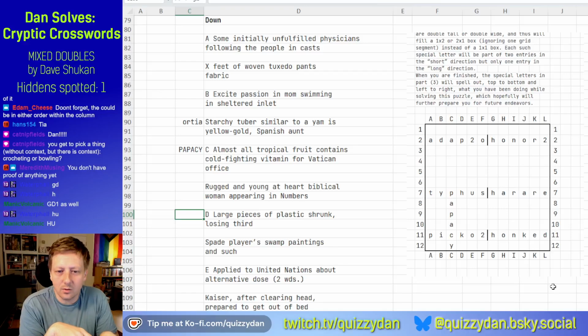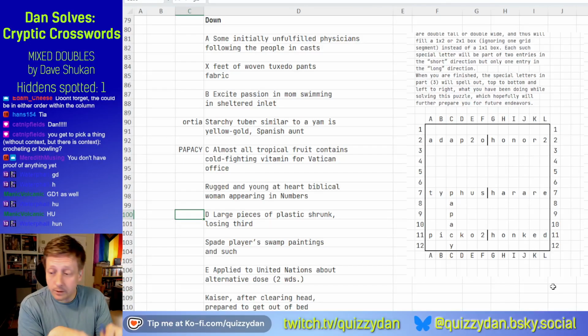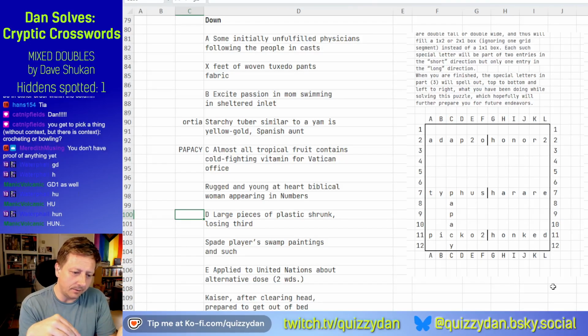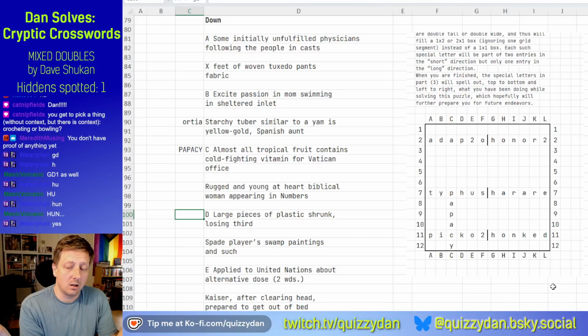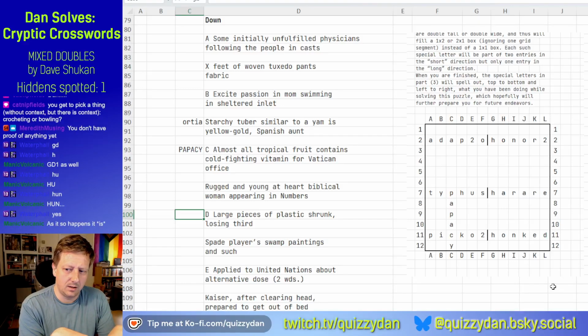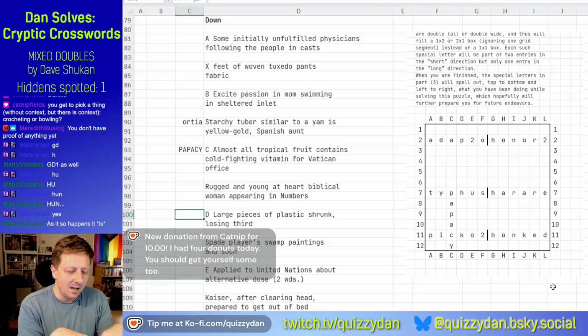Hulks. Hunks. Ooh, I could do with a hunk. Is the next letter K? Because we are taking a third out of shrunk. As it so happens it is.